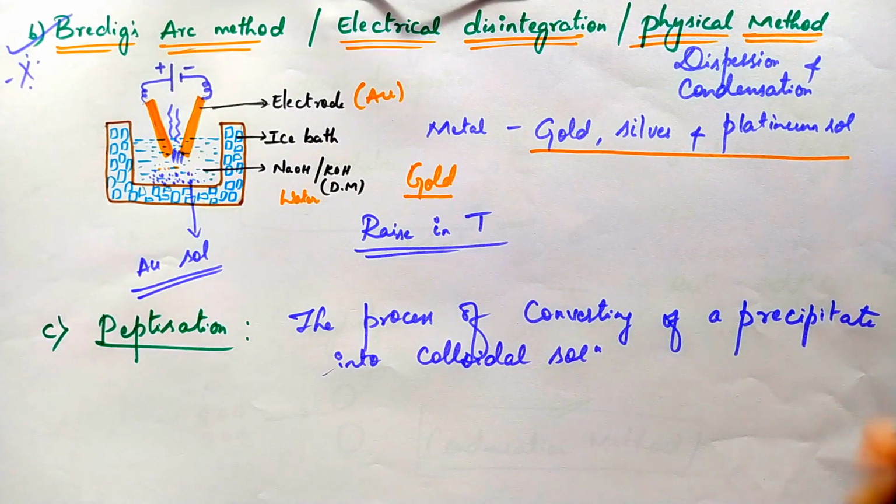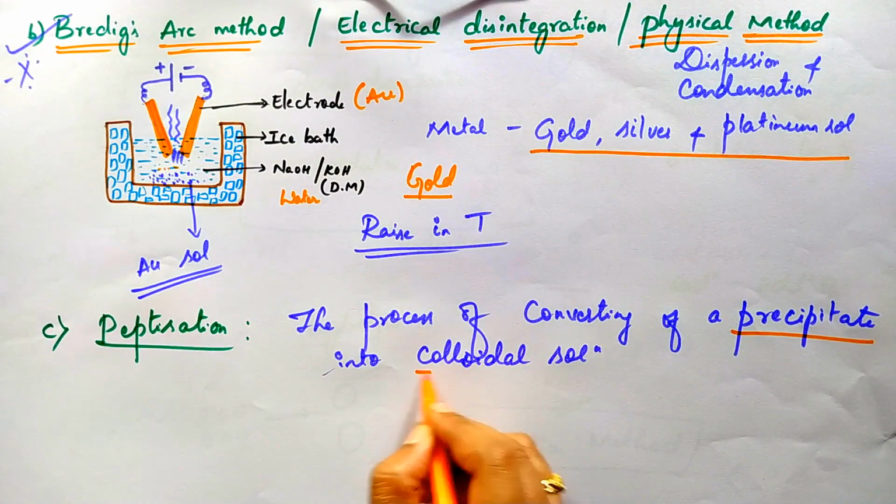The process of converting a precipitate into a colloidal solution is called peptization.